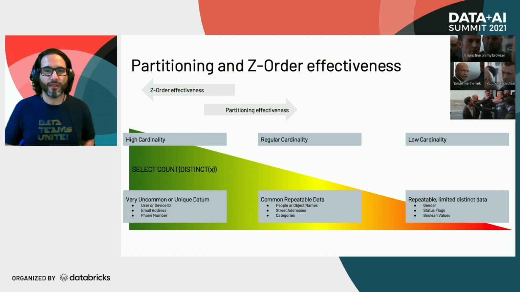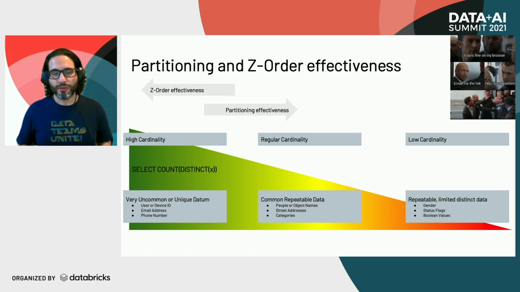Most often what happens next is people ask, how should I think of partitioning and Z-order? Are they the same? Are they different? They're a little different. In the future, you probably won't have to reason about partitioning. Databricks is working on that. But essentially, partitioning is really effective towards regular cardinality. You want to create even chunks of data files to consume to the cluster.